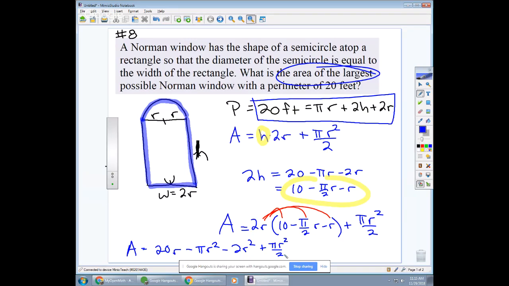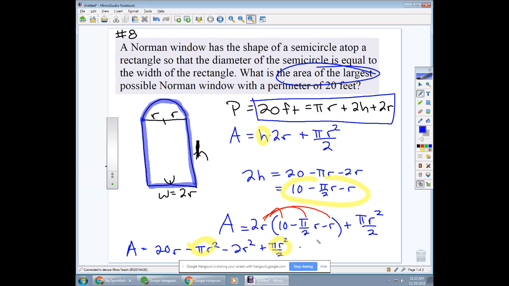Okay, like terms here, well, there's a whole bunch of them. I guess I'll put these two together. So if we take pi r squared and we took away half of pi r squared, that leaves us half of pi r squared, but the negative rules there.